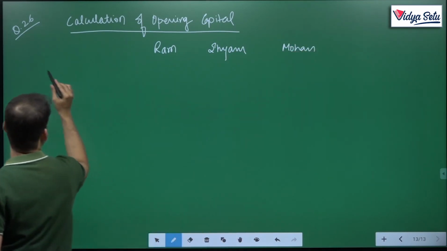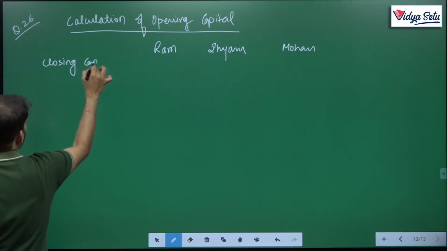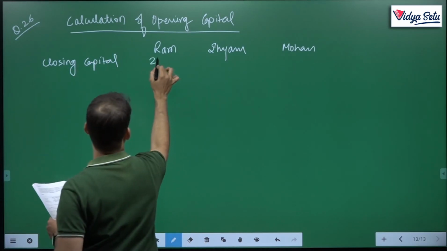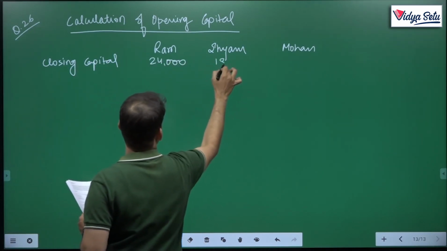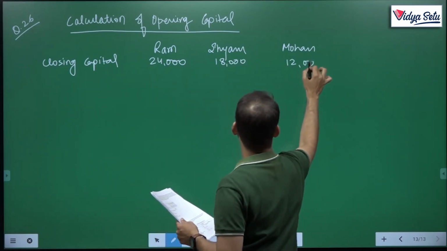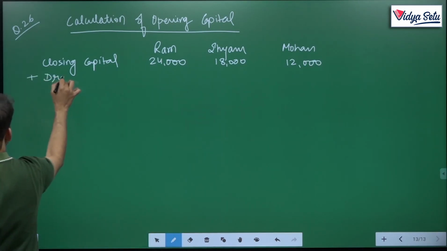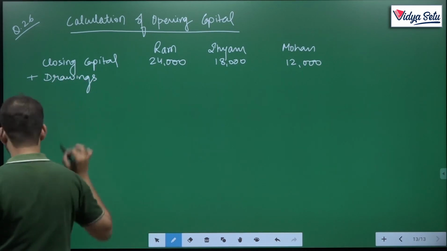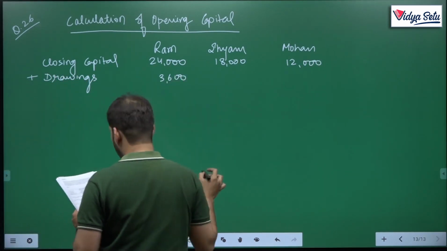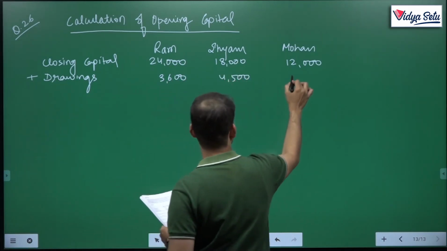Closing capitals are given: 24,000, 18,000 and 12,000. We will add back our drawings. The drawings are 3,600, 4,500 and the last one is 2,700.